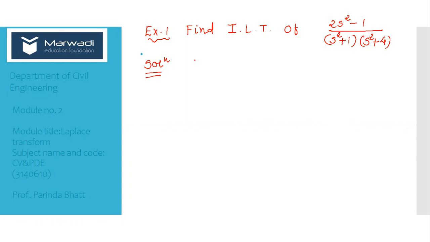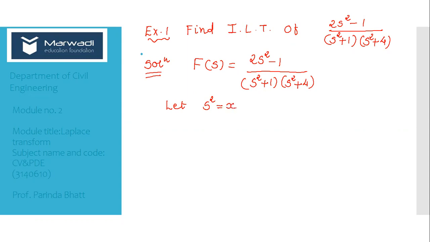As we assume F of s is (2s square minus 1) divided by (s square plus 1)(s square plus 4). Now we assume s square is equal to x. Therefore, our question is a little bit easier.